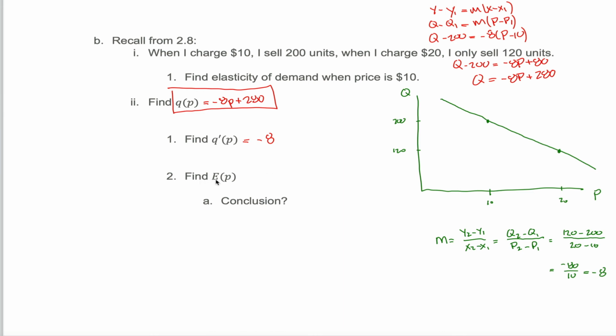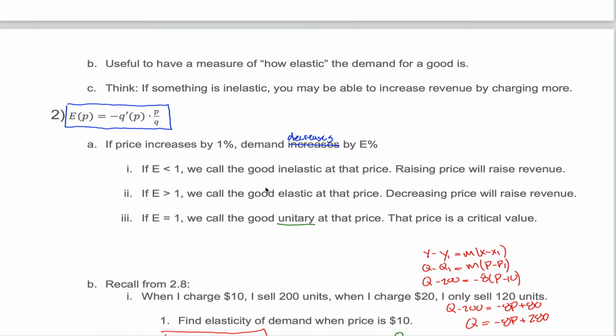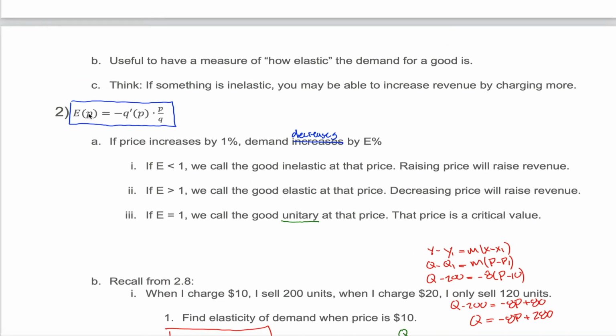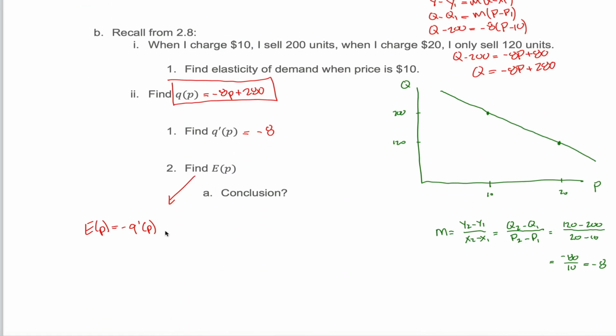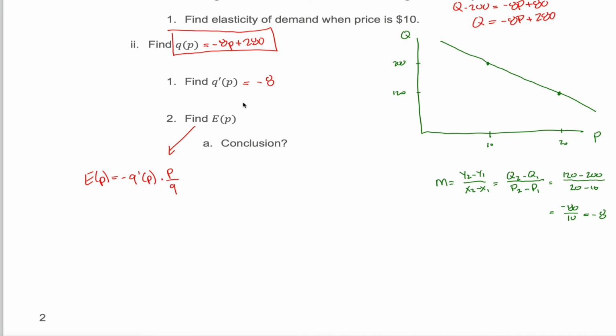Now we want to find E of p, the elasticity of demand. Well, fortunately, we have this formula up here, and it says the elasticity at a given price p is equal to negative q prime of p times p over q. I'll copy it down here so I don't have to keep writing it. We have an expression for q prime of p. It's equal to negative 8. So we have the negative of negative 8 times p over q.